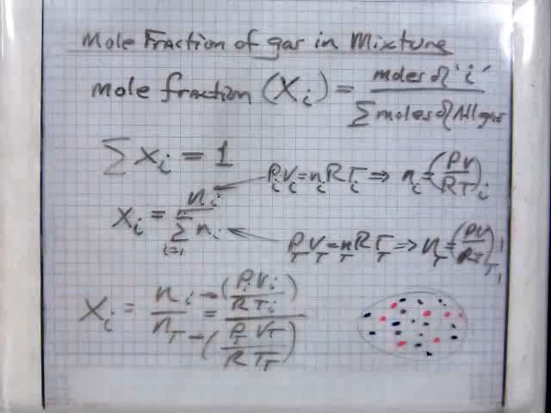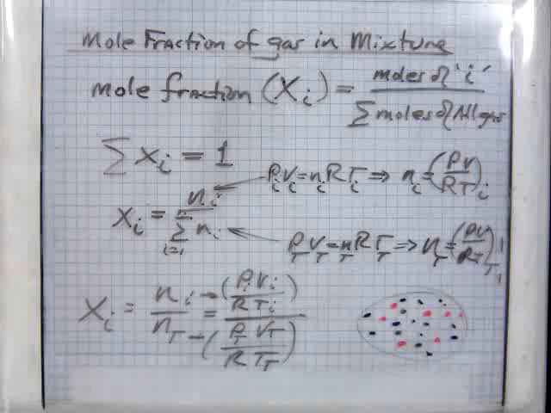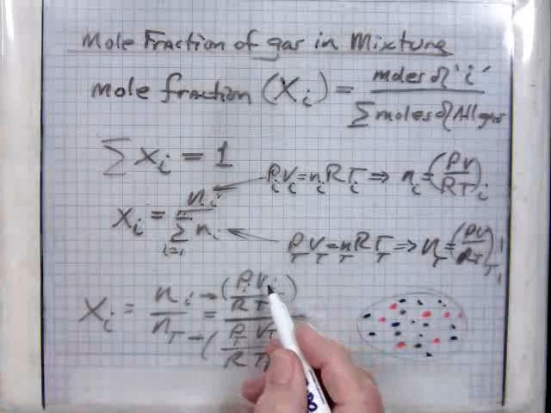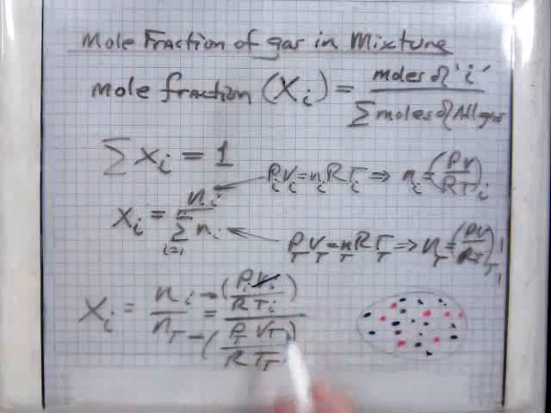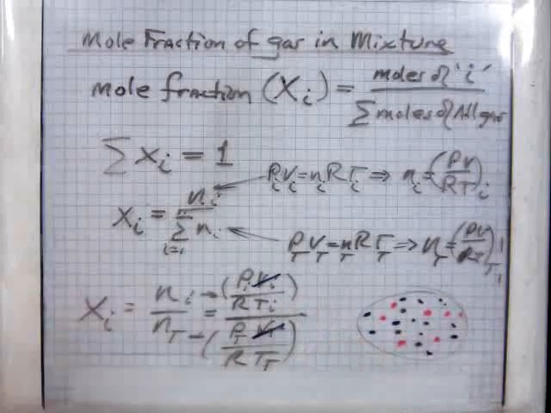It is always the same. All of them are occupying whatever volume the flask is. So the volume occupied by an individual gas, the red dots, is the same as the volume occupied by everybody.